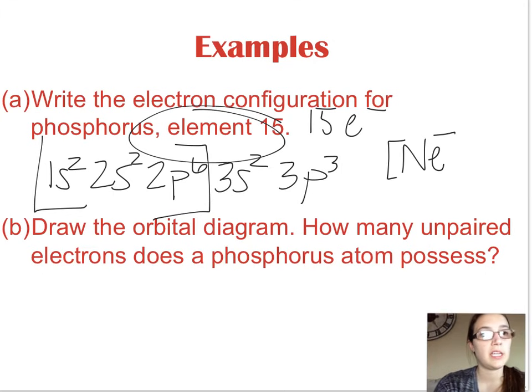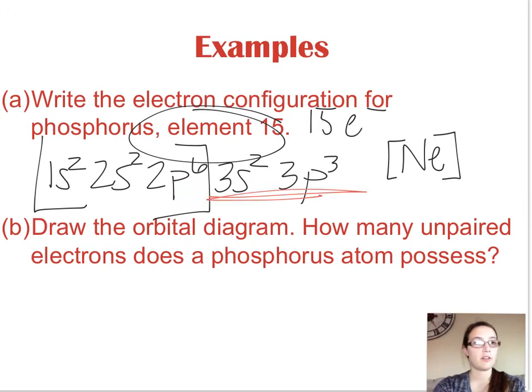So we put neon in brackets and then complete the configuration: neon, 3s2, 3p3. So we have both the longhand, which is the first, and the shorthand.